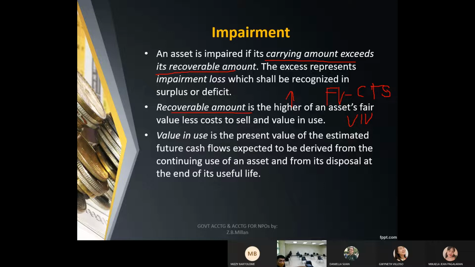Okay, kung ano yung mas mataas sa fair value less cost to sell and sa value in use, yun yung recoverable amount. Ngayon, kung mas mataas yung carrying amount kaysa dito sa recoverable amount, merong impairment loss.